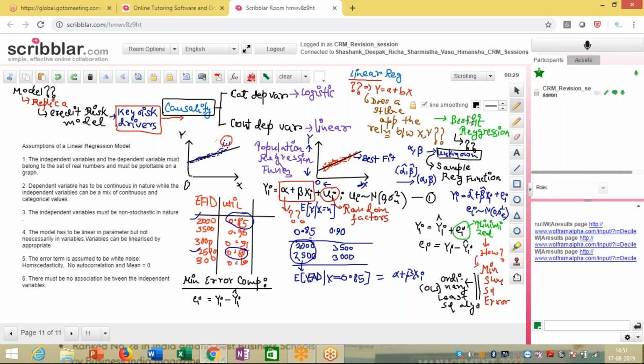Obviously, one of the choices is that your objective function becomes Z equal to minimize the summation of ei, right?